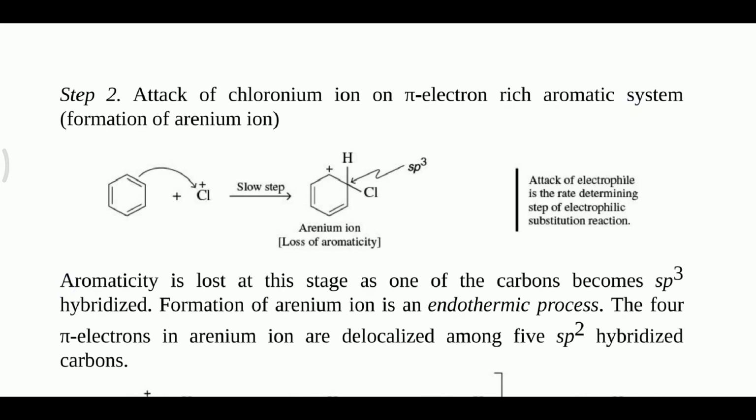This chloronium ion we generated in step 1 attacks benzene in the second step. It is a very slow step. It is the rate determining step of this substitution reaction. So whenever there is any default in that step, it affects the progress of your reaction mechanism, right?